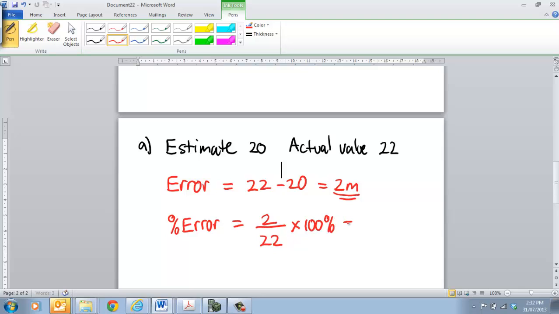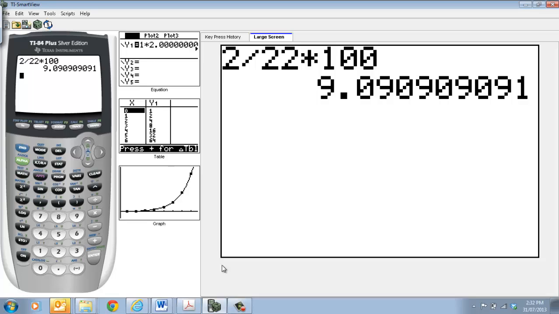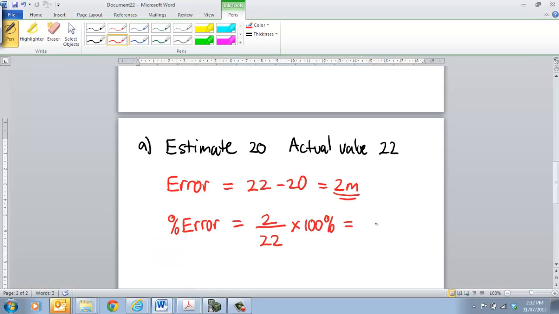So this is the sort of calculation you do on your calculator. So if we go 2, divide that by 22, and then we times that by 100, that will give us our percent error. That's 9.09% error. For most things, if you're doing it at school, if it's less than 10%, you'd probably be quite happy with that sort of value as a percent error. Alright, so that's the idea of what we're doing there.